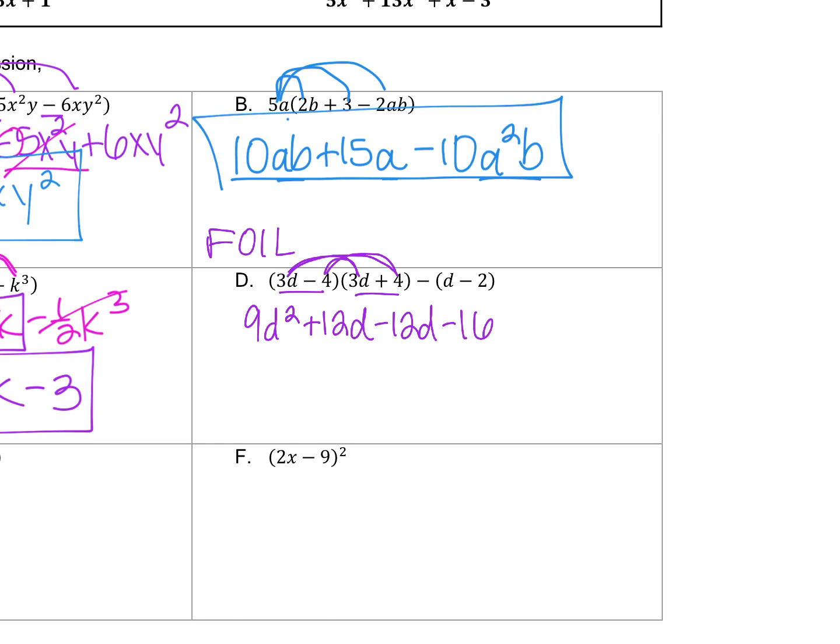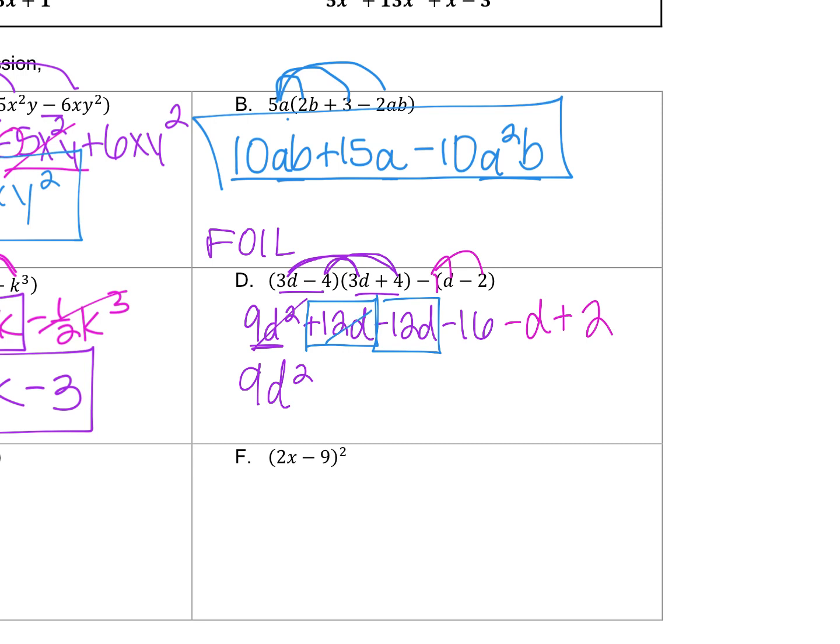Then, right here, notice that I have this negative 1. I need to go ahead and distribute it. So that would be minus d, and that would be plus 2. I'm going to start combining like terms. I have a d squared, but there's not any other d squared, so I'm going to rewrite that. I have a positive 12d and a negative 12d.